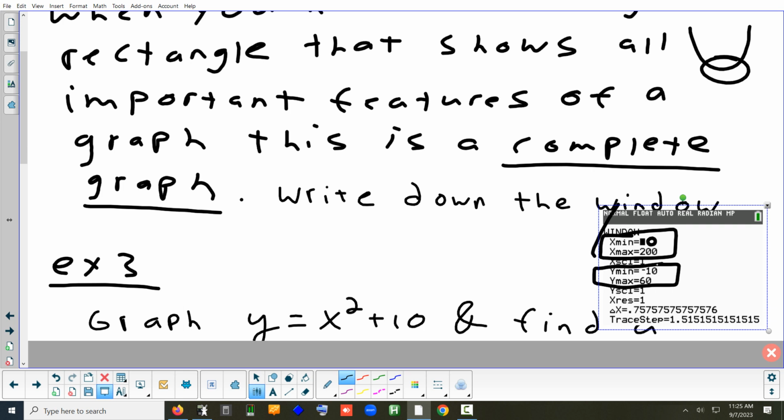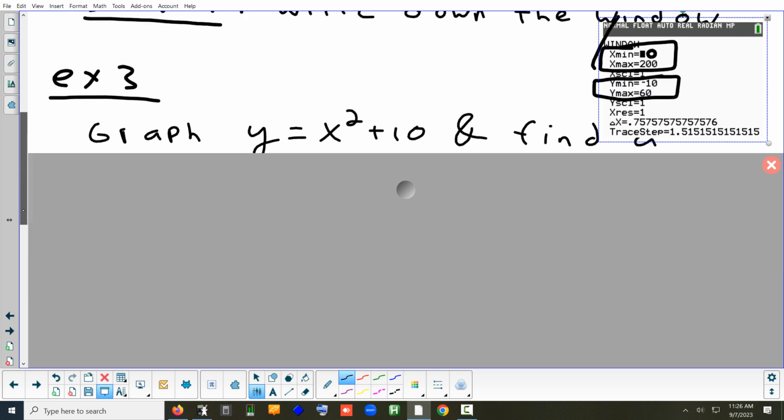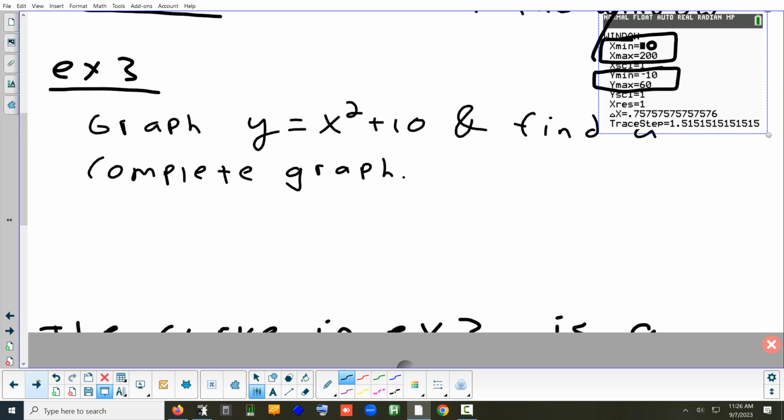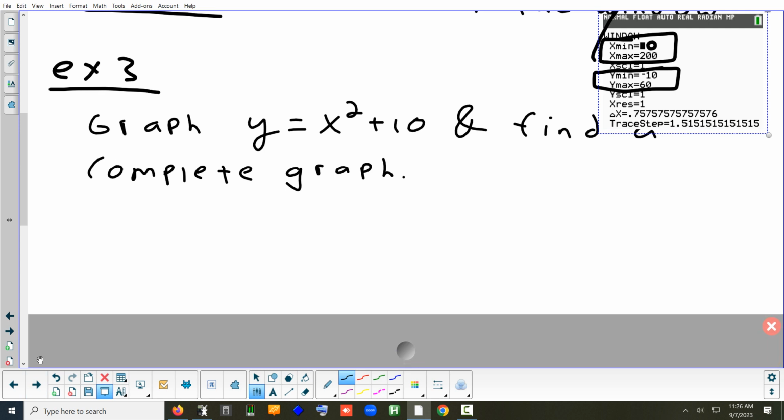So I think we did y equals x squared plus 10 yesterday. Did we do that one? Where I shifted it off the screen and we had to zoom up to find that it was a parabola shape. Okay, so we kind of already did that, so I'm not going to go through that one again. I'll just write down what we already used for a window yesterday.